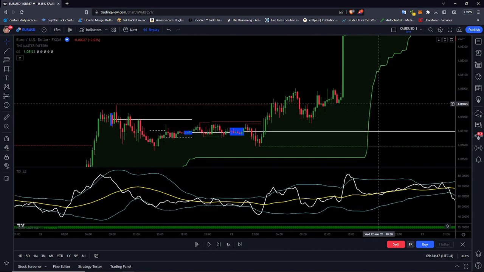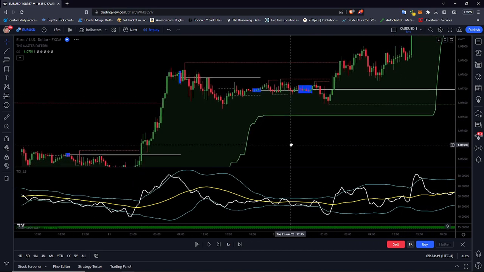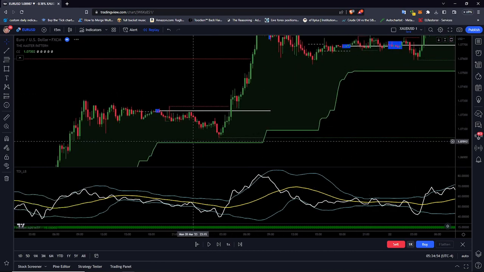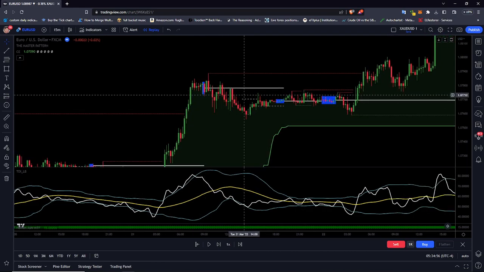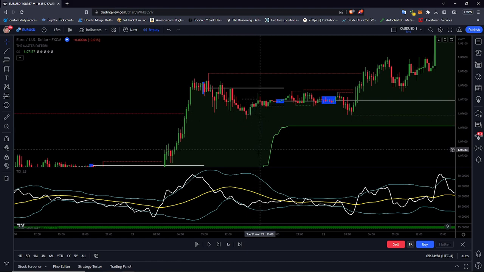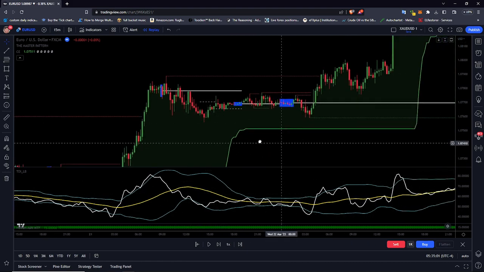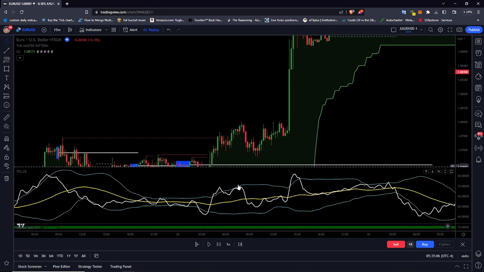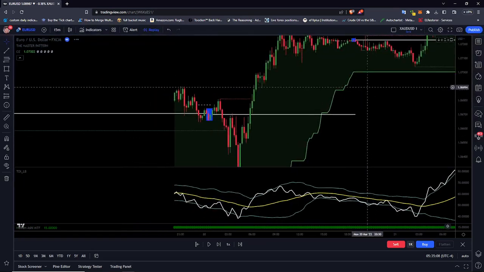Couple more examples and we are done here. You see, guys, buy zone, you wait for the structure, come below value, shark fin, and here you put your stops below this line. Bang, profits.